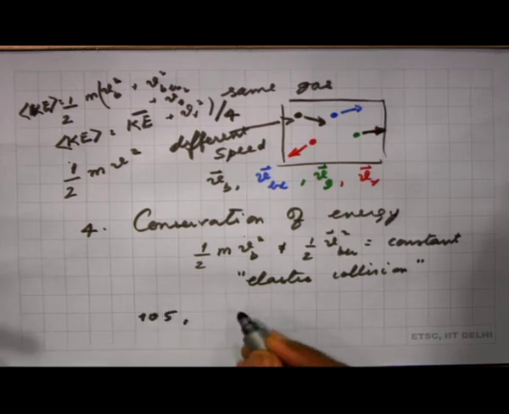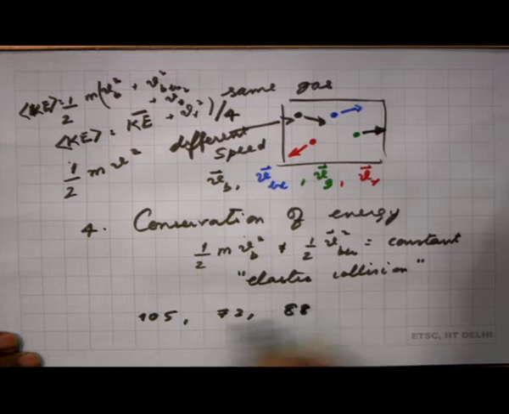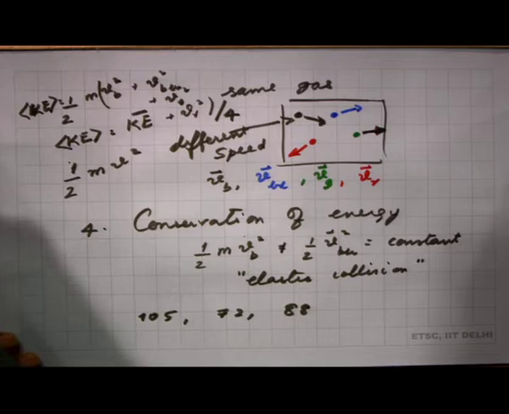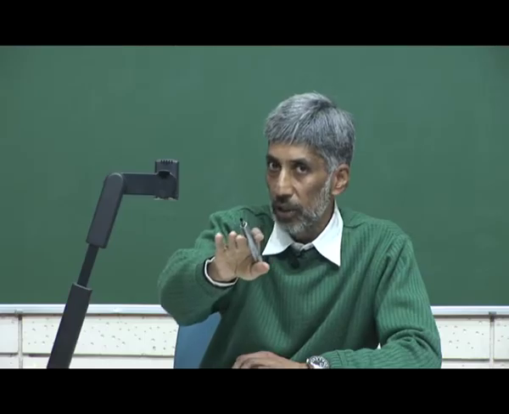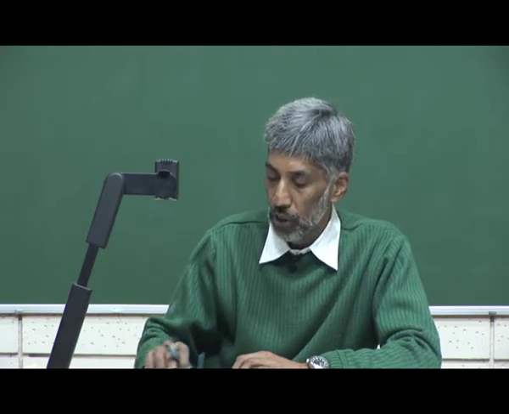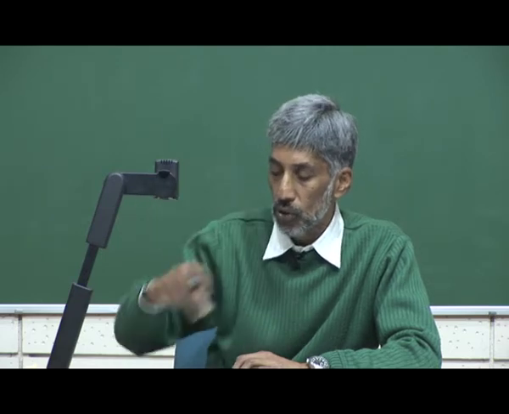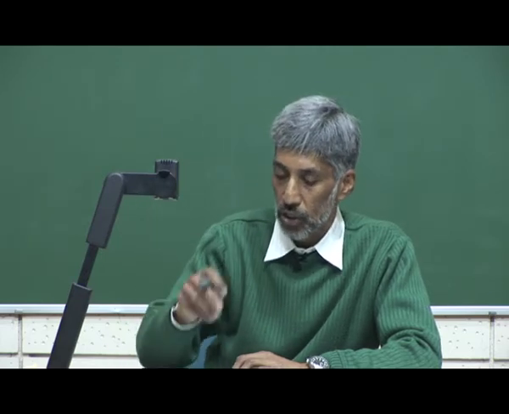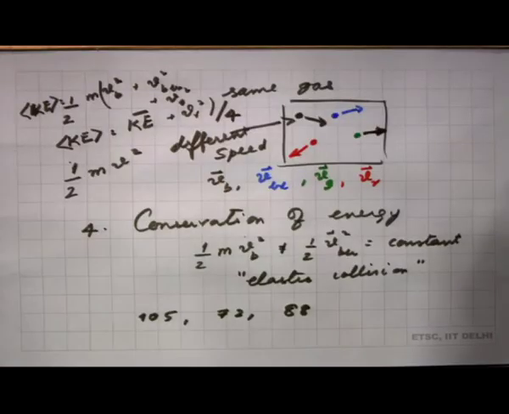In the second one he scores 72, in the third he scores 88, and so on, and you find the average of this, and you say the next time he comes to bat, we expect him to score typically around the average. So, the same thing we have done here, and so we say that if you took this divided by 3, that will give you the average, and the total runs he has scored is 3 times whatever the average is. Similarly, per molecule I have redistributed the energy.